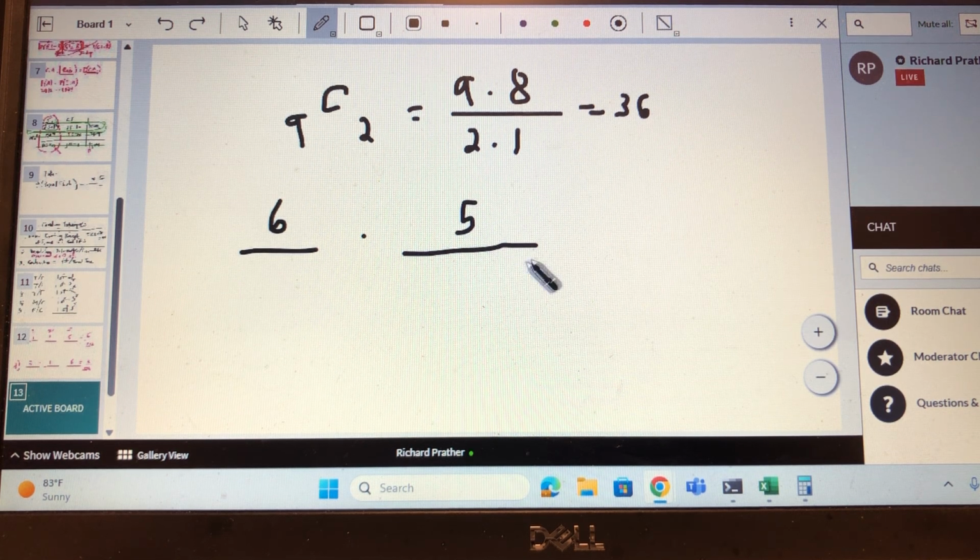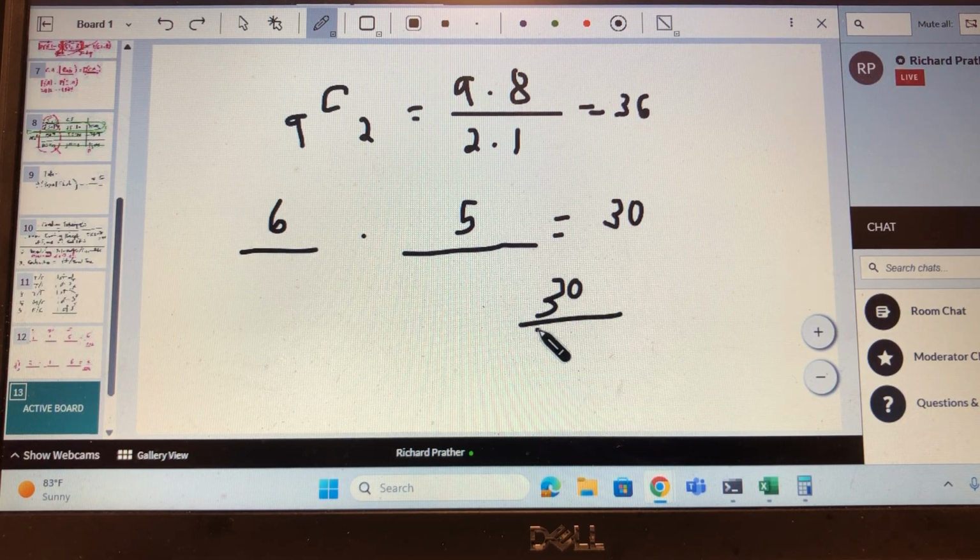So then the second one's 5. So 30 out of a 36 chance that they're both going to be from this college. 30 out of 36. And both of these divide by 6, actually. 5 out of 6.